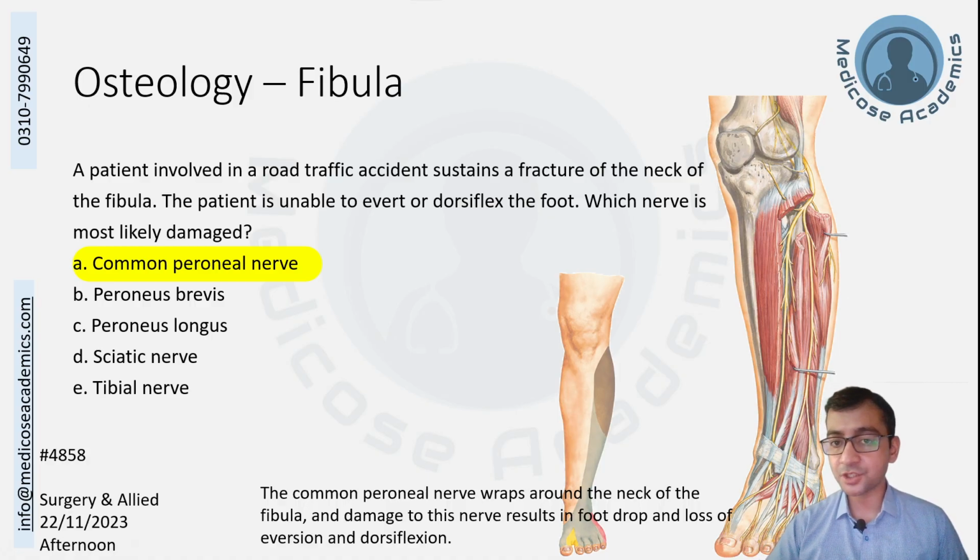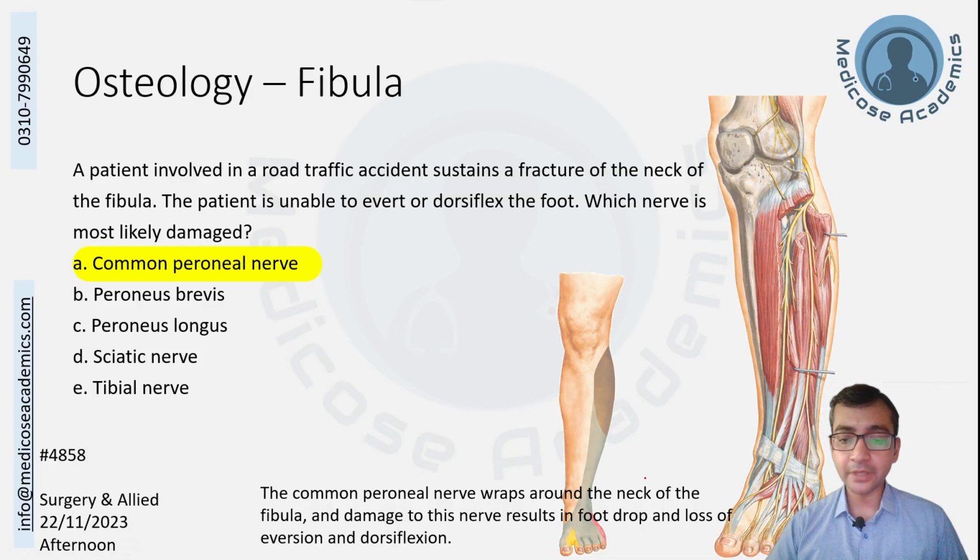The lateral compartment is chiefly responsible for eversion of the foot. Eversion is the movement which leads to raising of the lateral margin of the foot, and the anterior compartment leads to dorsiflexion of the foot, that is, you standing on your heels with your toes pointing up. So these are the movements that are lost.